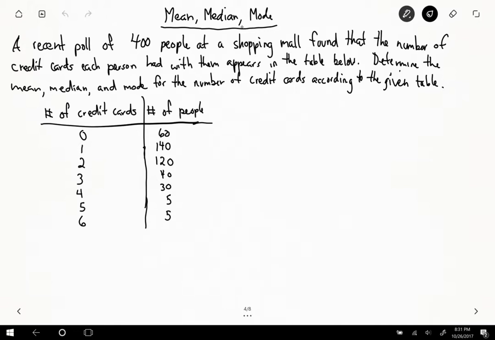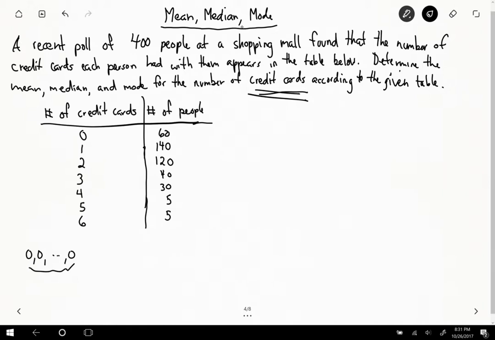Most people will start to either sum up the people or sum up the credit cards and try to calculate it that way. Well, think about what your data values are. These are people, and each of them has some number of credit cards. We're looking for the mean, median, and mode for the number of credit cards. So for example, you have 0 for the first person, 0 for the second person, and a list of all sorts of people.